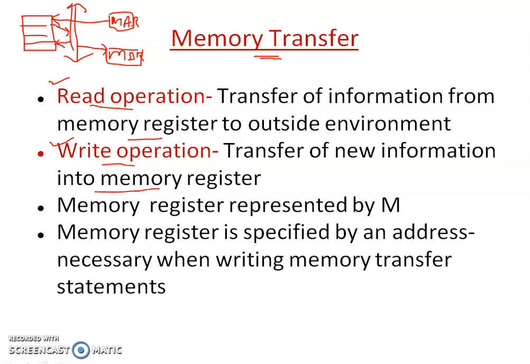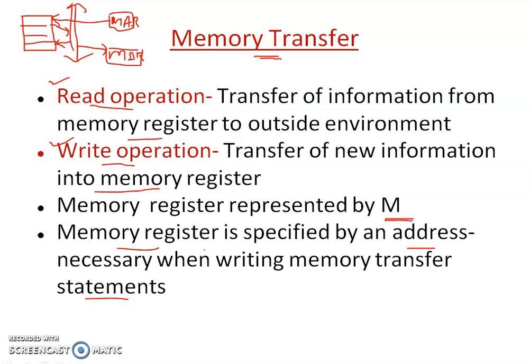Then the memory register will be used. That is, the memory register will be represented using the letter M. Okay, when we say memory, it will be making use of some memory register which is represented by M. And the memory register is specified by an address, necessary when writing memory transfer statements.